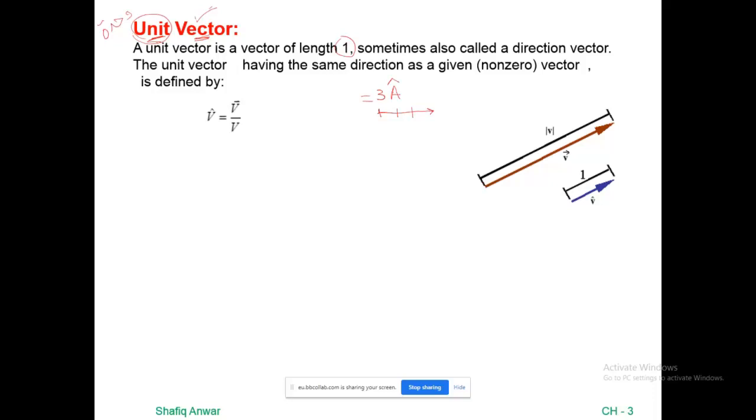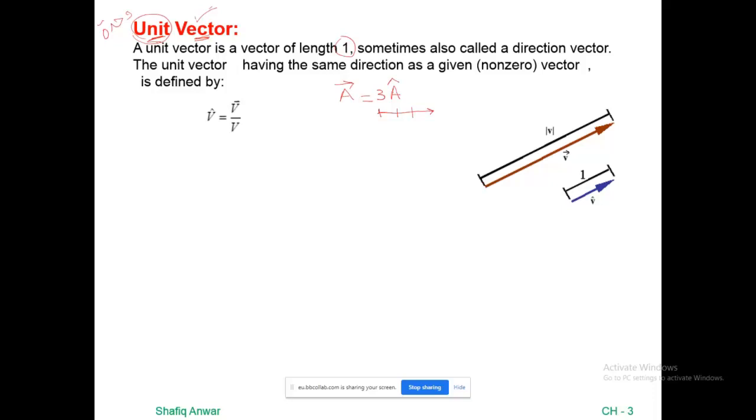So I write here any vector A whose magnitude is 3. You see different notation. This is arrowheads, complete vector. This is unit vector. We read it A cap on its head. 3 is the magnitude, right?